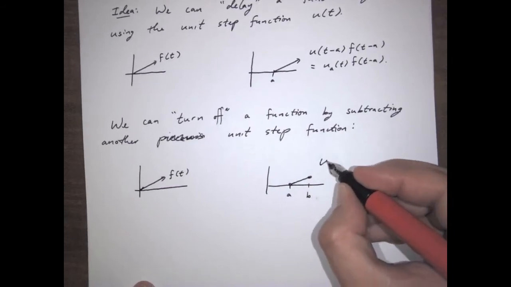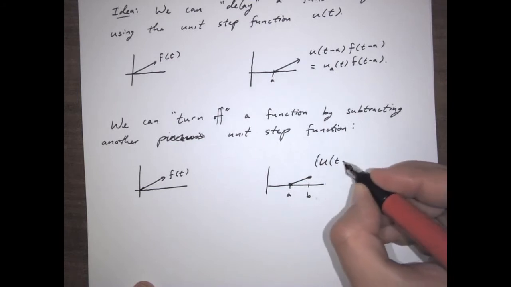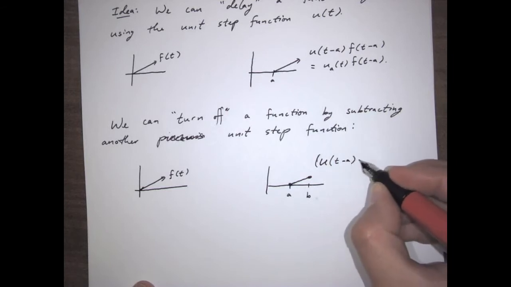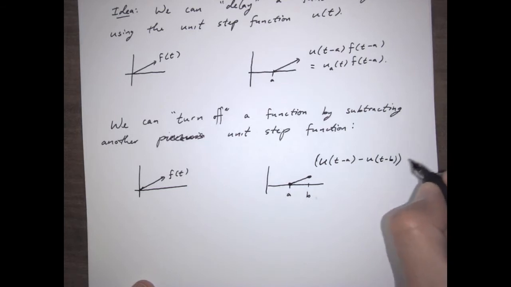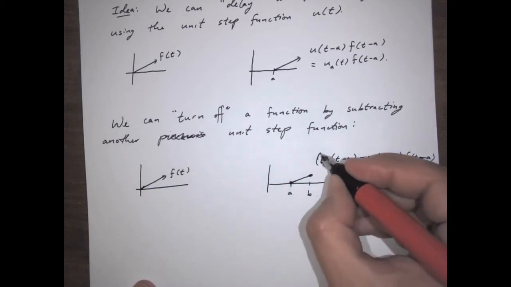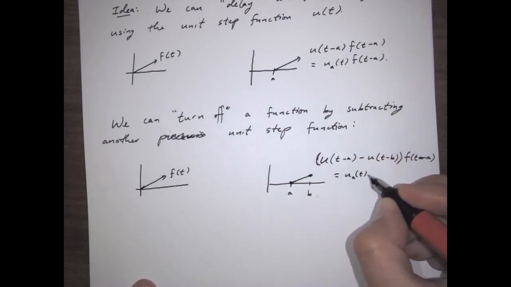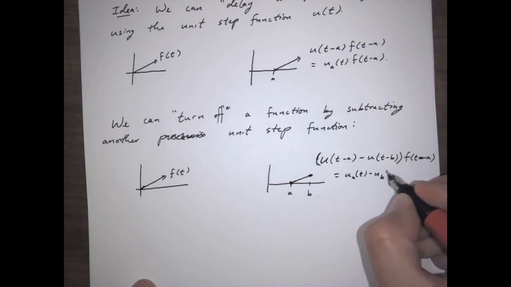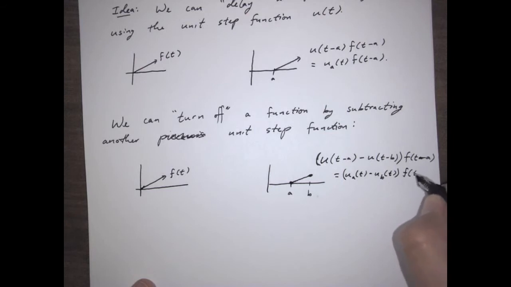Then what I could do is I could do u of t minus a minus u of t minus b, all times f of t minus a. In other words, u sub a of t minus u sub b of t, times f of t minus a.